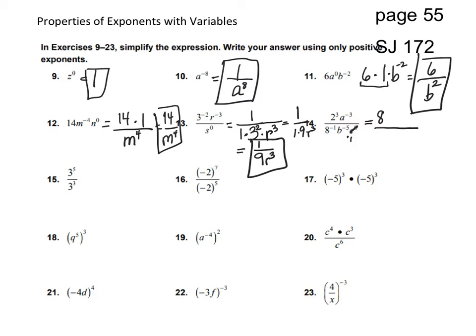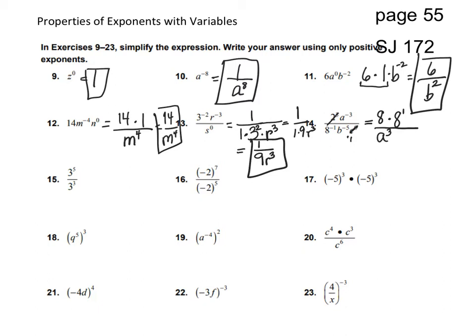Everything else, a to the negative 3, 8 to the negative 1, and b to the negative 5, I need to move them and make their exponent positive. A to the negative 3 moves to the denominator and a positive exponent of 3. 8 to the negative 1 moves to the numerator with a positive exponent of 1.